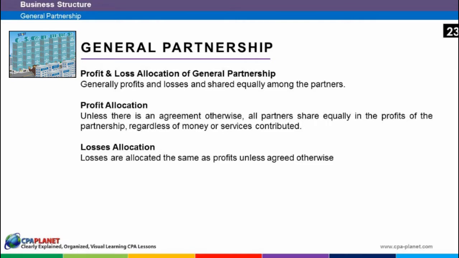Okay, that's the profit agreement. Losses will be allocated by that same ratio unless agreed otherwise. If they agree to something specifically, it's very clear. So that's how you answer the CPA exam. It's equal unless agreed otherwise. Losses are the same as profits unless agreed otherwise.